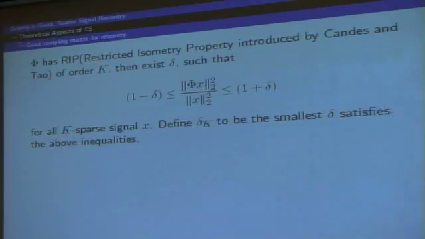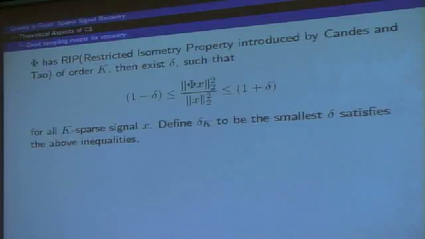If phi has the RIP, which is short for restricted isometry property, introduced by Candes and Tao, of order k, then there exists delta such that the ratio has lower bound and upper bound of 1 minus delta and 1 plus delta, for all k-sparse signals x. Define delta k to be the smallest delta satisfying the above inequalities.